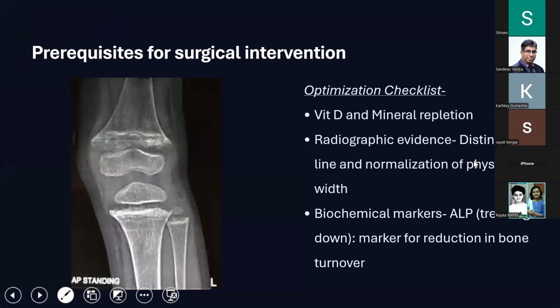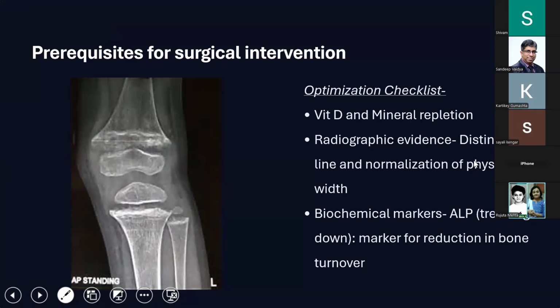Now, prerequisites to surgical intervention: vitamin D and minerals such as calcium have to be replenished, and there should be radiological evidence of normalization or improvement of the physis, which shows as a distinct white line, and normalization of the physeal width.